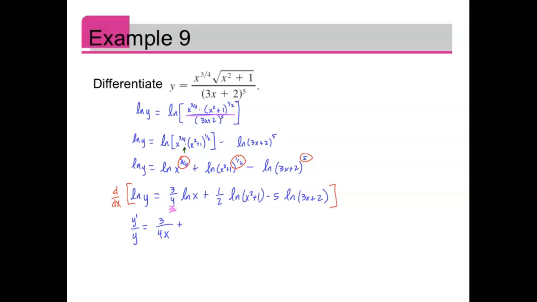So this is going to be plus 1/2 times, again, g prime over g. So it's going to be 2x over x squared plus 1. Minus 5 times, and this one's going to be 3. That's the derivative of the inside over just 3x plus 2.